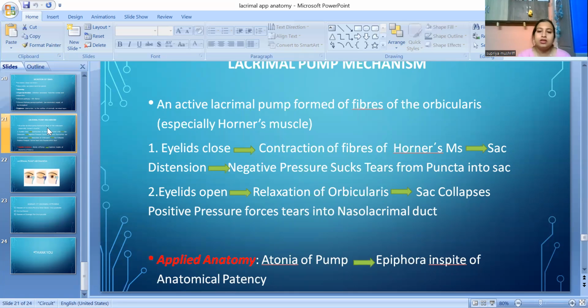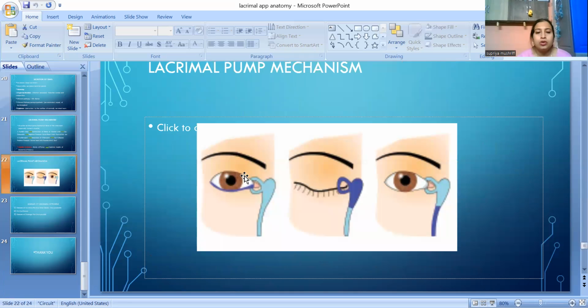Positive pressure forces the tear into the nasolacrimal duct. Hence, the applied anatomy is that atonia of the pump can cause epiphora in spite of anatomical patency. This is how opening and closing of the eyelids causes drainage: when the eyes are open, it causes sucking of tear into the canaliculi, and when closed, it forcefully pressurizes the tear into the NLD.